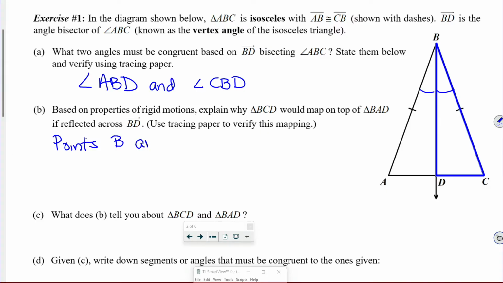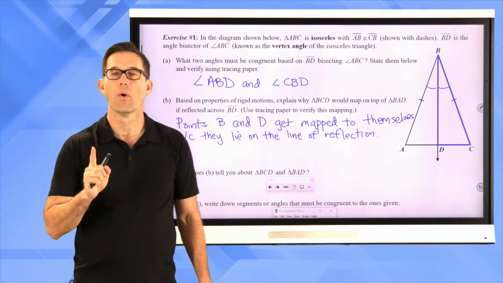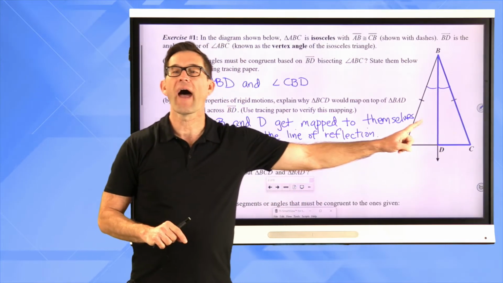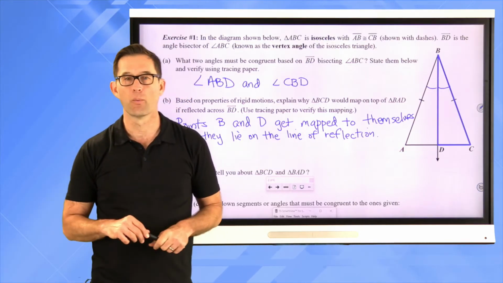Points B and D get mapped to themselves because they lie on the line of reflection. Now, the only question now becomes, why would point C have to get mapped to point A? And that's what we explored in that homework problem, okay?